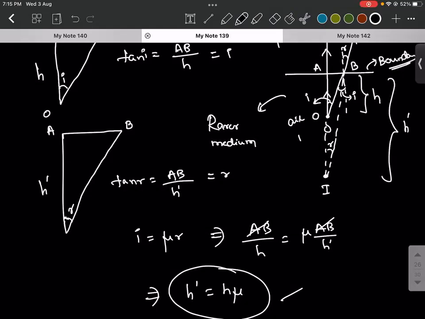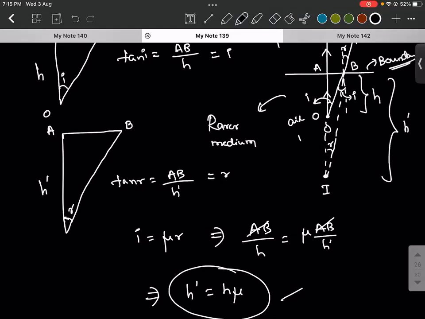Yes. So these are the two applications we saw, which I can call A and B, because it's the same concept. The next part that we are supposed to see is what happens for refraction at spherical surfaces. Whatever we saw here is with respect to the planar boundary. Sometimes it can happen with spherical surfaces.